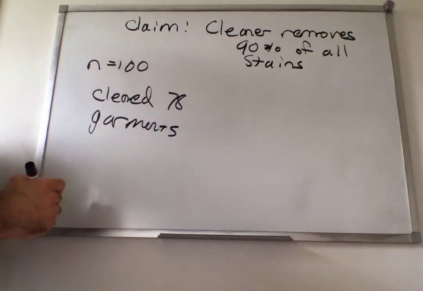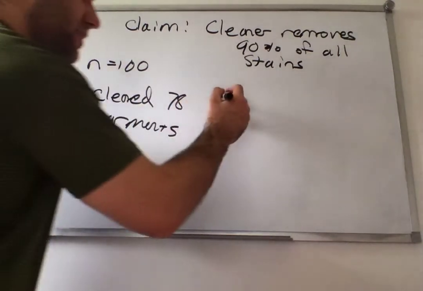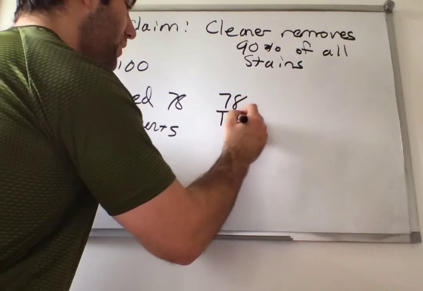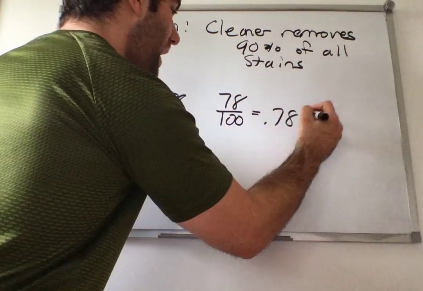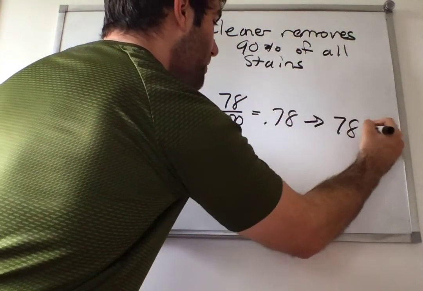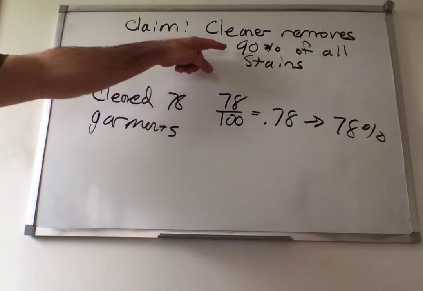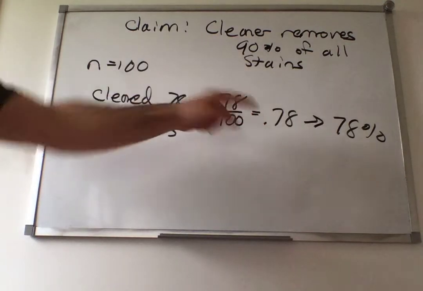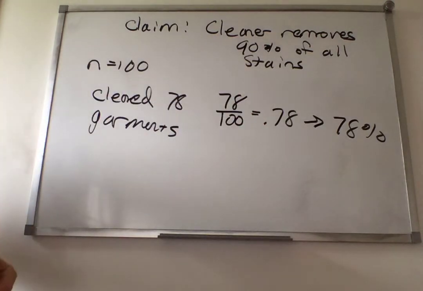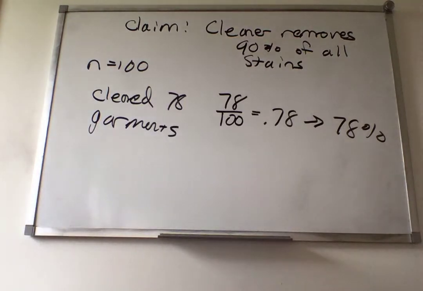Now, if I were to find the proportion of clean garments, 78 out of 100, 0.78 or 78%, does this claim hold up based on our data here? This is the kind of thing that we're going to be able to answer in this chapter.